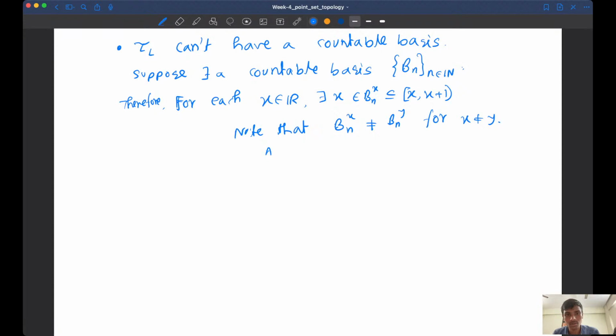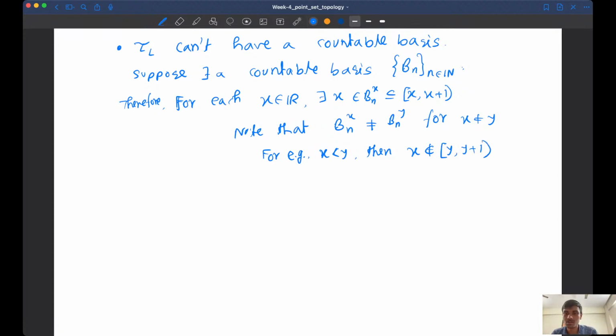For example, say x is less than y. Then x does not belong to [y, y+1).